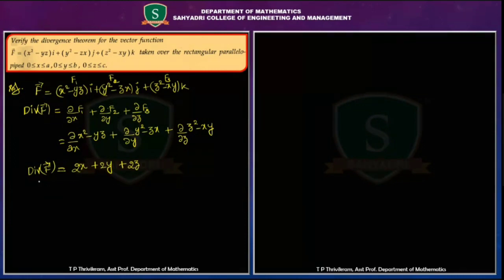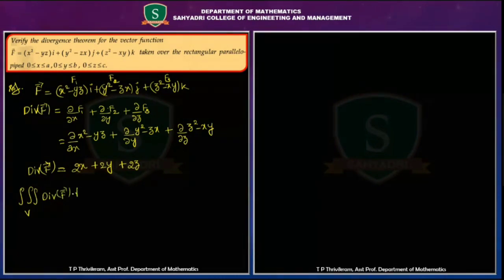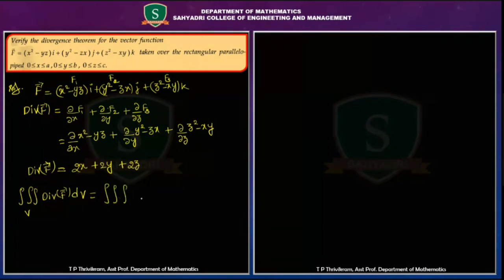Okay. Now what we need to do? By Gauss divergence theorem, we need to find volume integral of this. Okay. So that means apply volume integral over V of divergence f dv is equal to volume integral of divergence f value, we write it here.